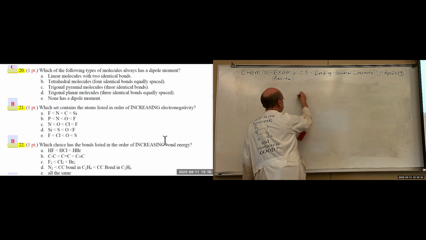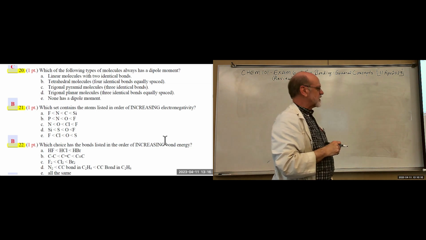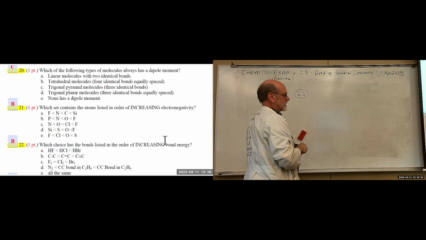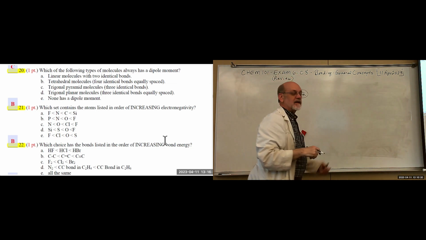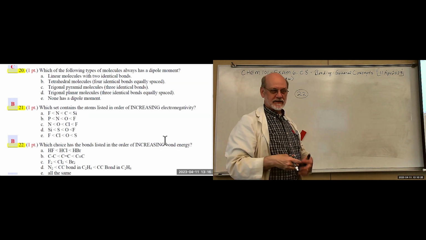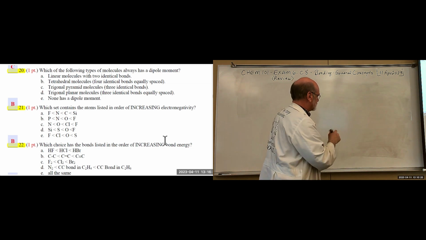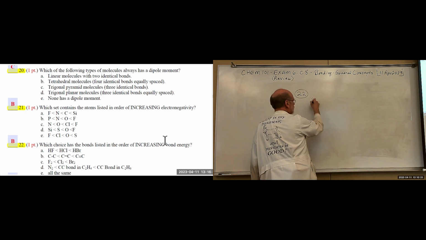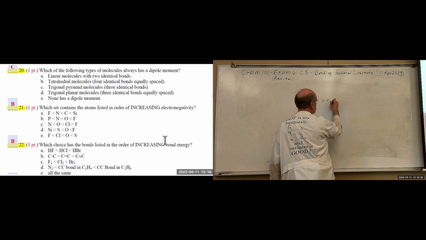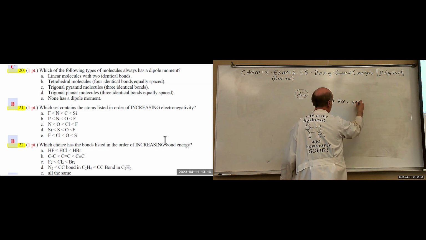22. Which choice has bonds listed in the order of increasing bond energy? Okay. The ones that take the most energy to break. Right? The strongest bonds, the most stable bonds. Okay. If we have HF, HCl, and HBr.